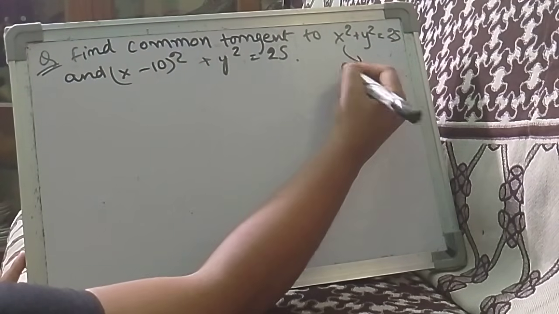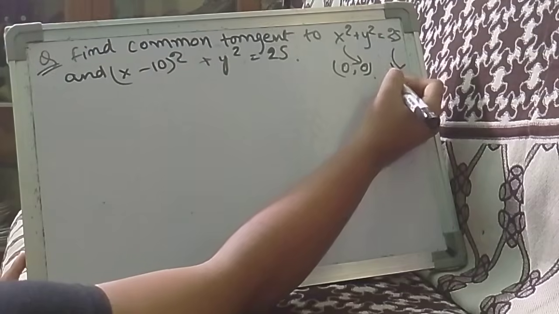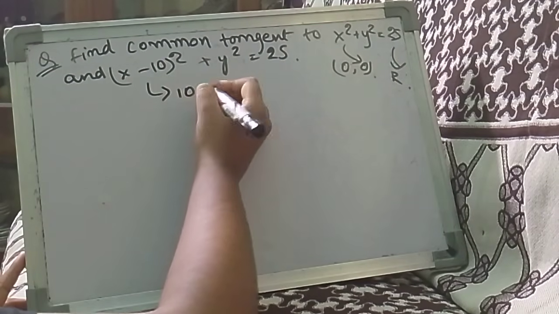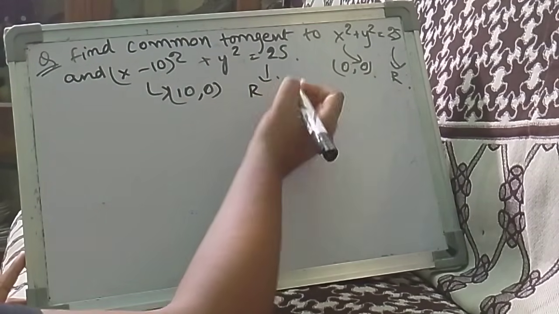So the first circle's center is (0, 0) and radius is 5, and the second circle's center is (10, 0) and radius is also 5.